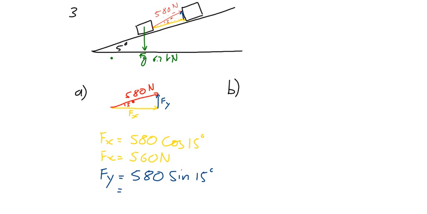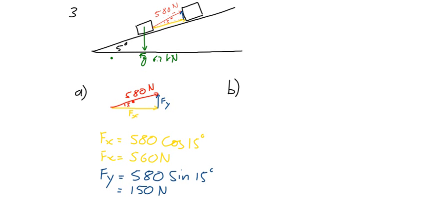That doesn't seem to be correct, I get something much different. What's happening on my calculator? 15 sine times 580 gives me 150 Newton. Hope it's correct. Got something different here. No, seems to be okay.